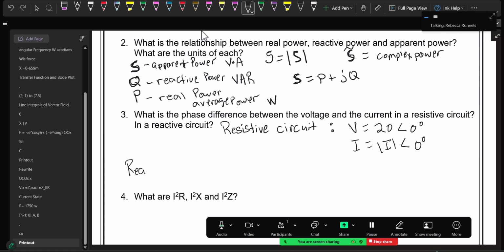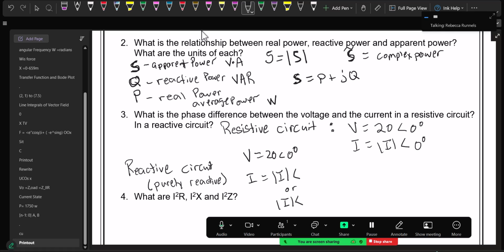So if I have a reactive circuit, so purely reactive, no resistance, so only capacitors or inductors, then if I had V equals 20 angle 0 degrees, then the angle for I could be one of two things.